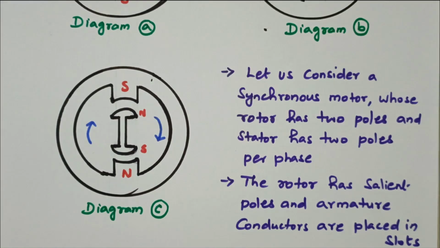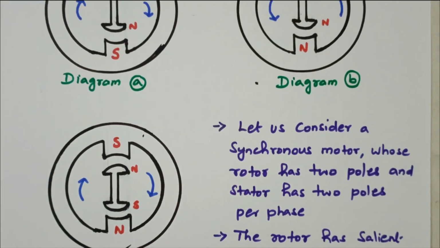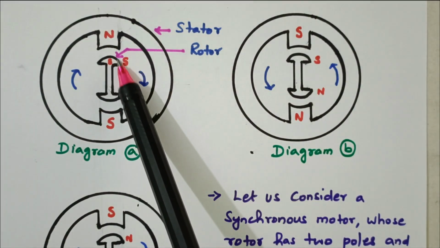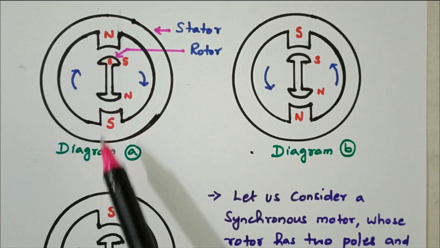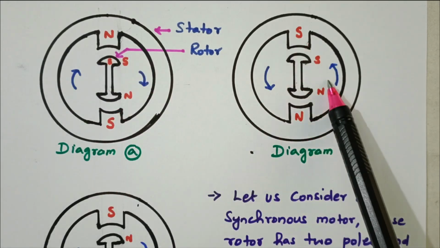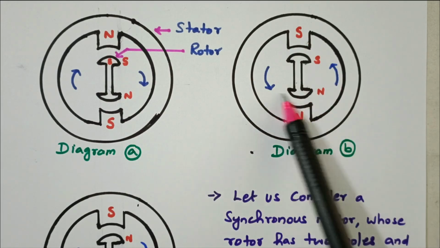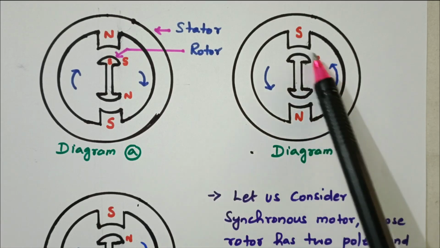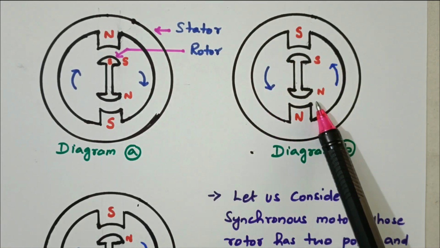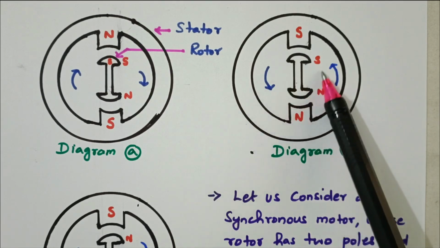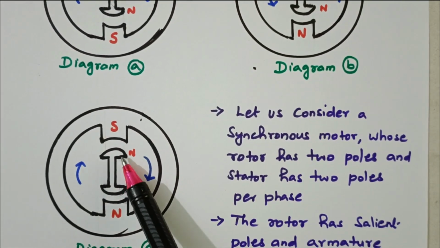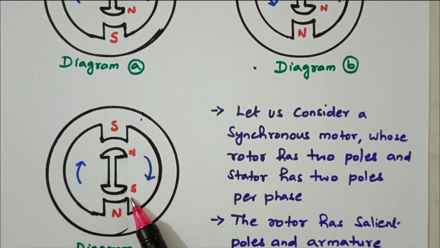Now see diagram C. Initially this attraction rotates the rotor in the clockwise direction. After some time the pole changes, so it is repelled and goes in the anti-clockwise direction. To avoid that, we rotate this rotor by means of external arrangement, making the N pole at the top and S pole at the bottom.